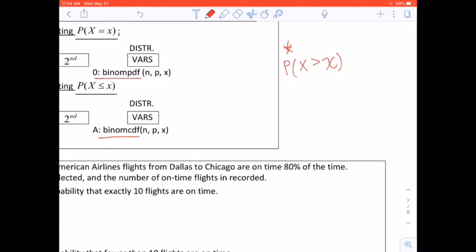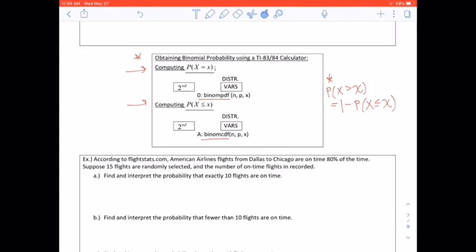We are going to be using the complement rule, so this is going to be 1 minus the probability that x is less than or equal to x. And so those are going to be the 3 different things that we have. 2 of them found by the calculator, and that third one is one that we're going to have to rewrite and think about a little bit differently.